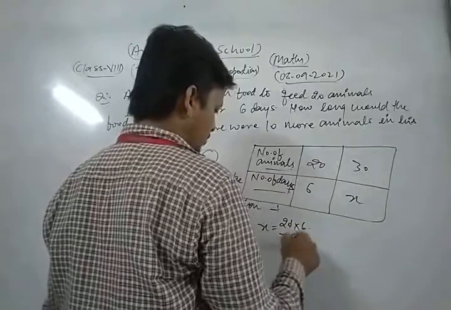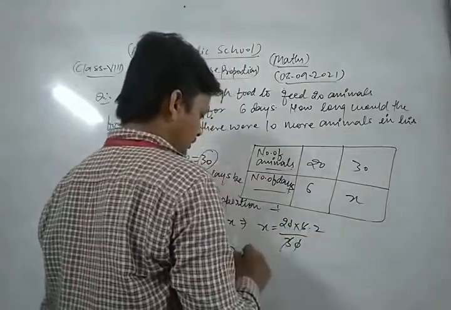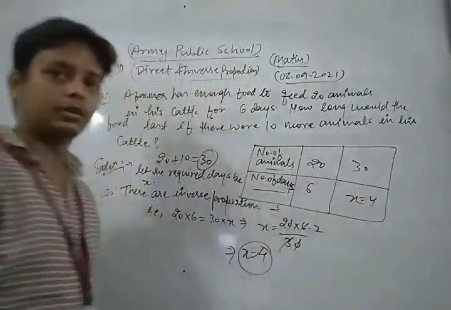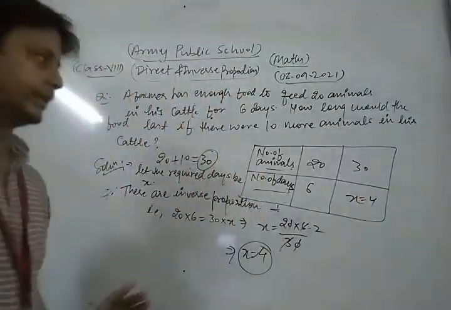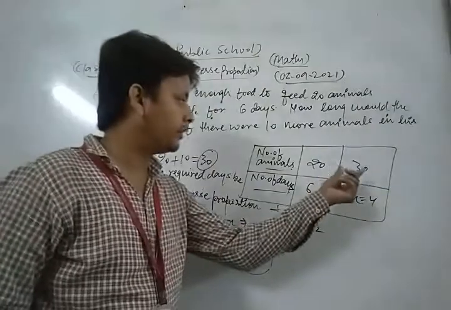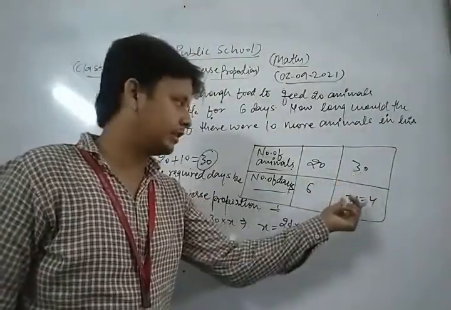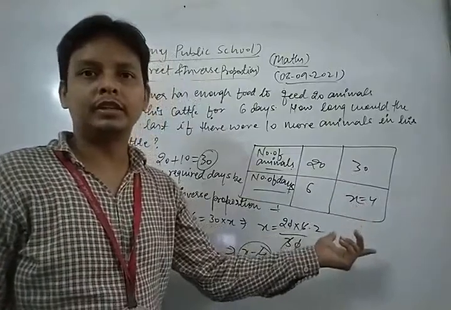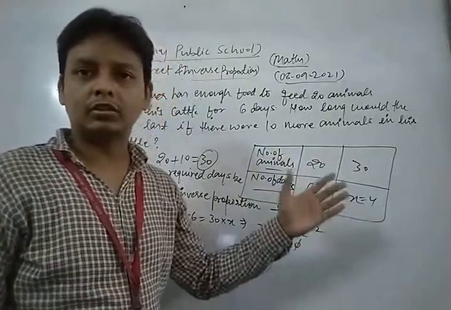The 0 will be cancelled, 3 to the 6 gives 2, so x is equal to 4. So the food lasts for 4 days. Because you know that if the number of animals increases, then the number of days decreases. Simple concept. So in this way we clear the concept of this question.